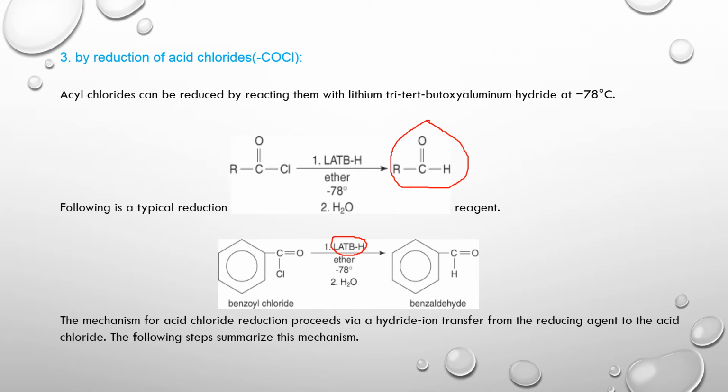But on the product side, one more hydrogen is added along with the phenyl hydrogens. So 6 hydrogens are present in this benzaldehyde. Therefore, the number of hydrogen atoms is increased on the product side, and therefore it is called reduction.